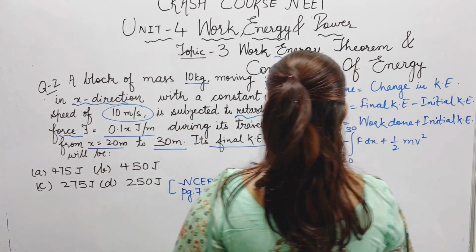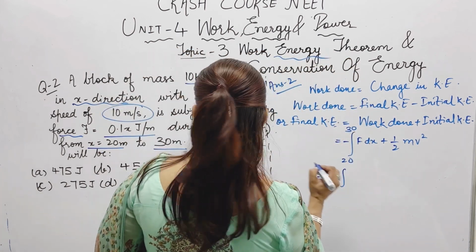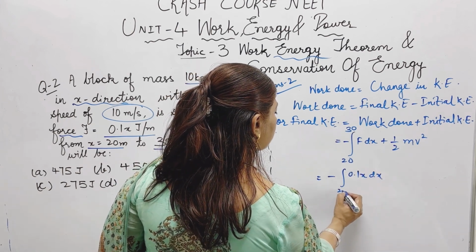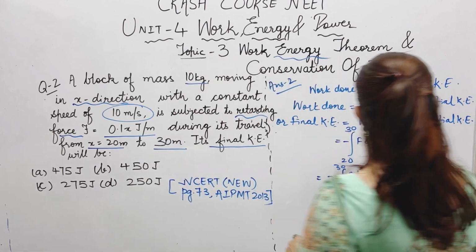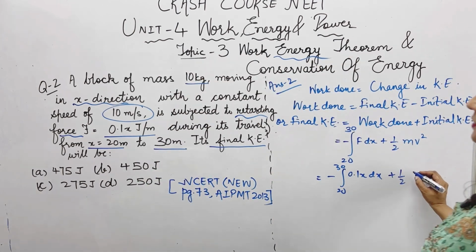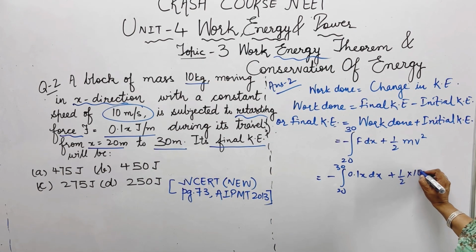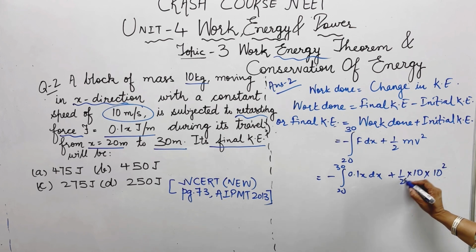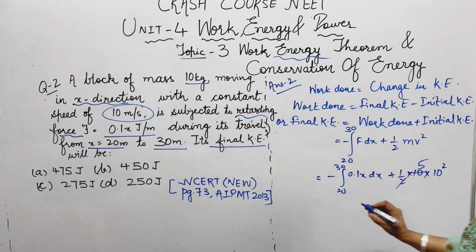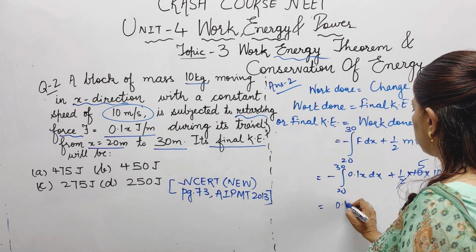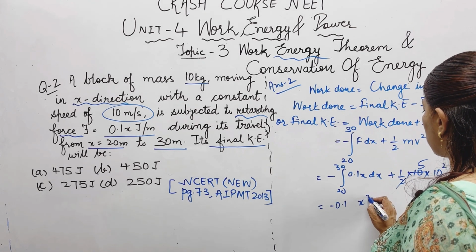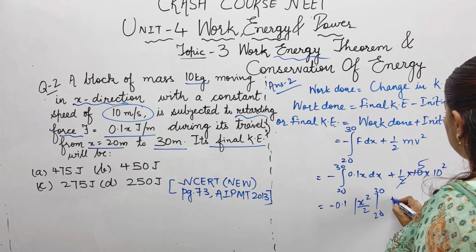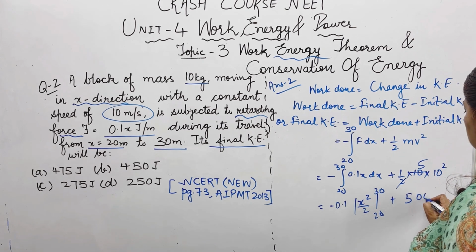Putting the value of force, that is 0.1 x dx, limit 20 to 30, plus half, mass is 10 kg and speed is 10 meter per second square, so 10 square. Here it will be minus 0.1 x square by 2, 20 to 30 plus 500.